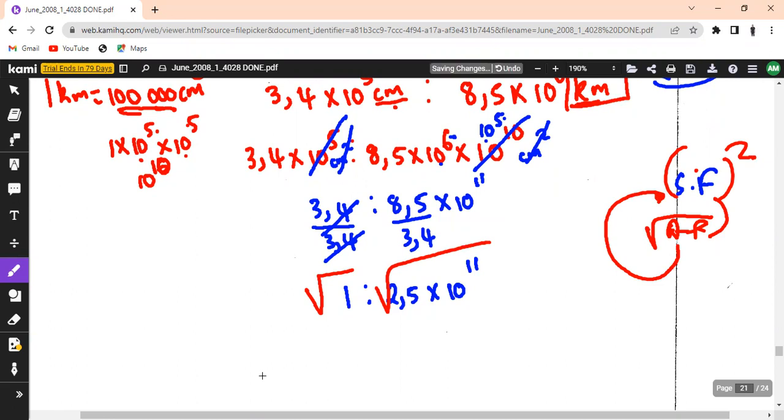So square root of 1 is 1:n. Can we find the square root of 2,5? No, it's impossible. So what are you going to do?